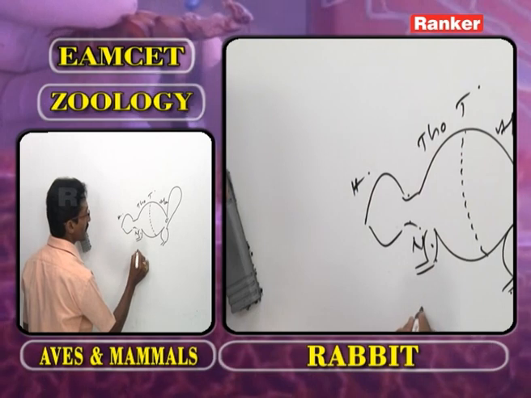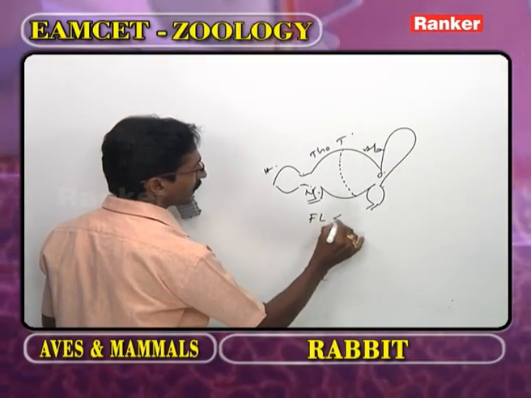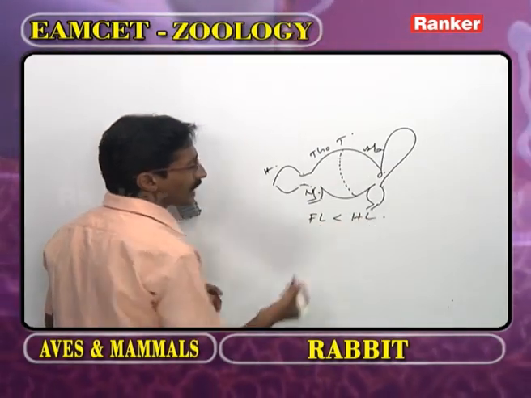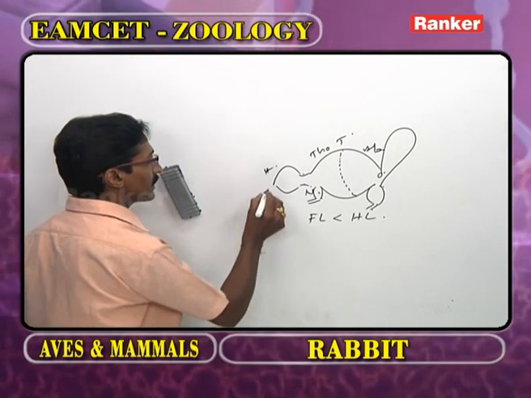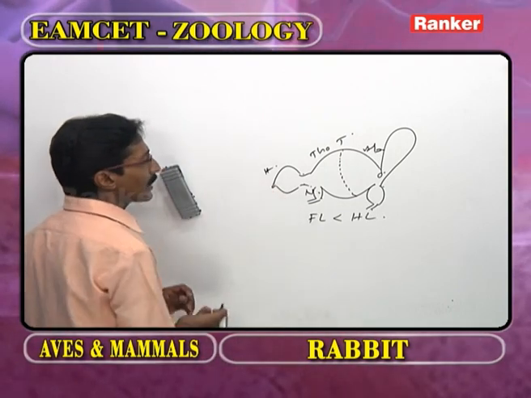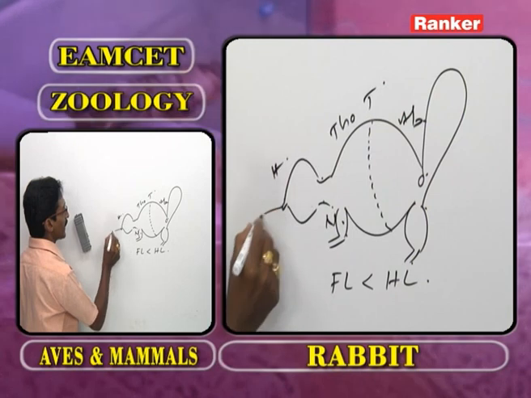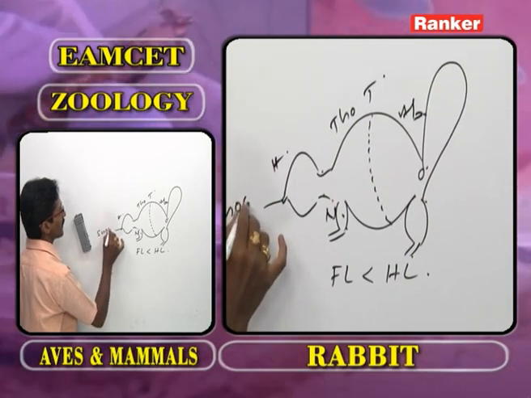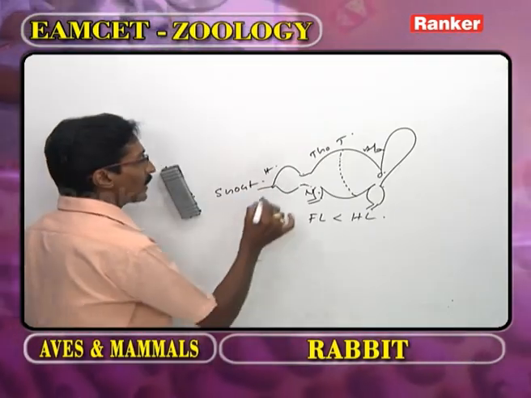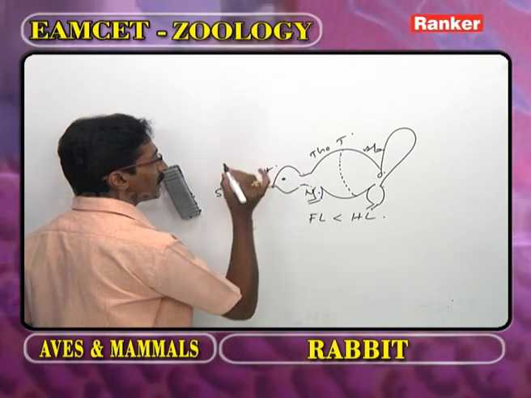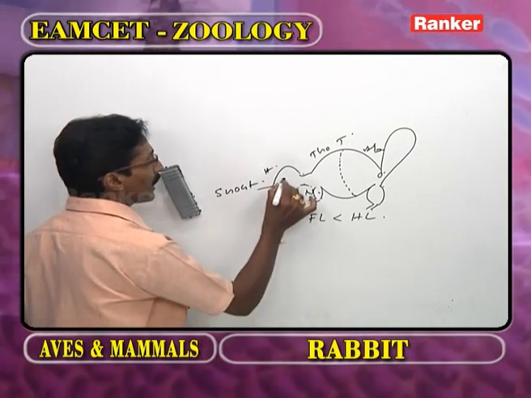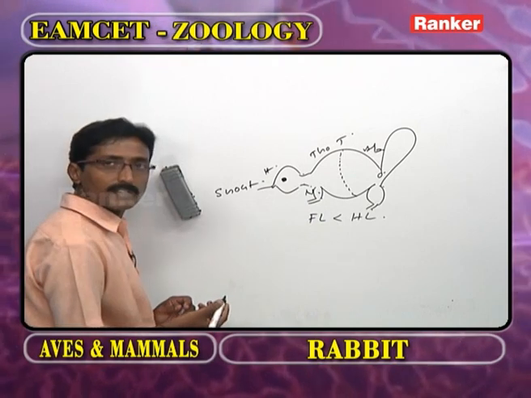Now, these are one pair of the forelimbs and one pair of hind limbs. As we observe the forelimbs, here the forelimbs are shorter than that of hind limbs. Now, this is anterior part of head. This anterior part we call it as snout. Now, on either side of head, what are present? The large eyeballs are present.